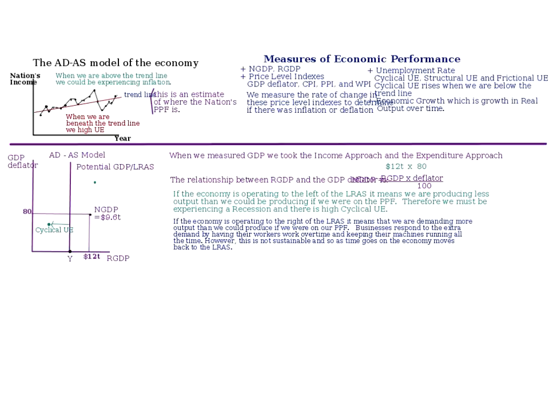So what we can say then is that at the long run aggregate supply curve, this is a sustainable level of output. I'm going to call this sustainable. We also refer to it as full employment, at the long run aggregate supply curve.